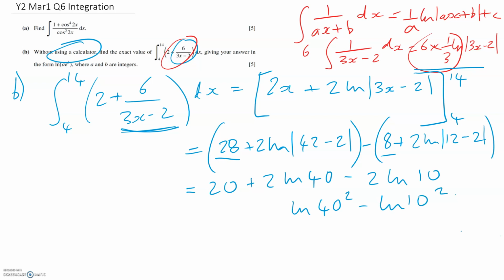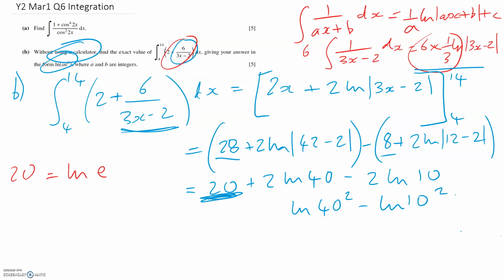Now, if you look at the question, we need to end up with just the ln of everything. So we shouldn't have a constant at the front. So in order to deal with that problem, we need to change 20 into ln of something. So what does 20 equal in terms of ln of something?